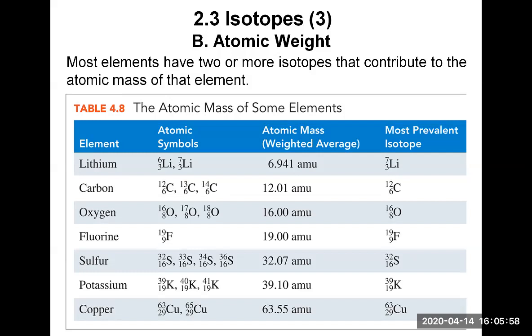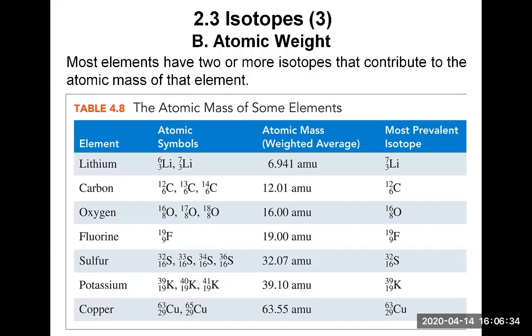And you can do the same thinking with carbon. Carbon has 3 naturally occurring isotopes, carbon-12, carbon-13, and carbon-14. And the weighted average is very close to carbon-12, because it's 12.01 atomic mass unit. So that tells you carbon-12 is the most prevalent isotope for carbon. And for oxygen, the most prevalent is oxygen-16.